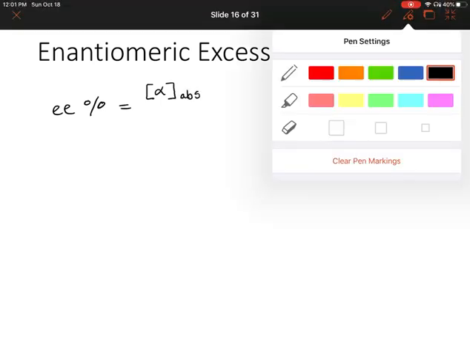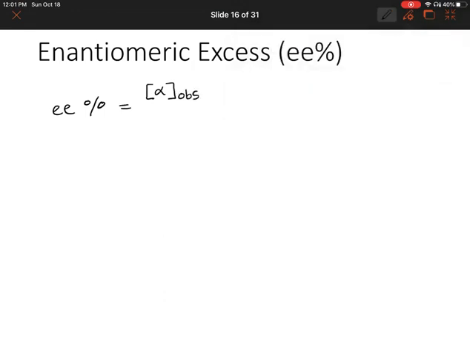This calculation is for something called enantiomeric excess, which we abbreviate as EE%. EE%, or enantiomeric excess, is calculated by taking the specific rotation that's observed, oops, that looks like ABS, that should be OBS for observed, for the mixture.